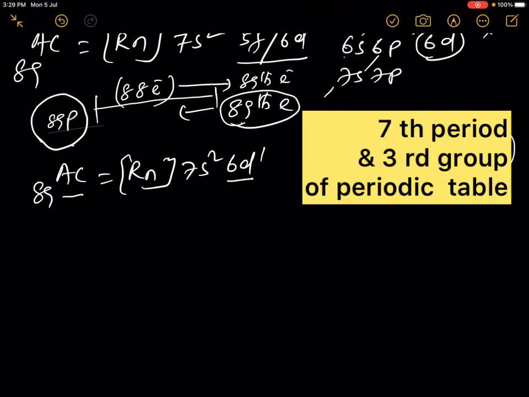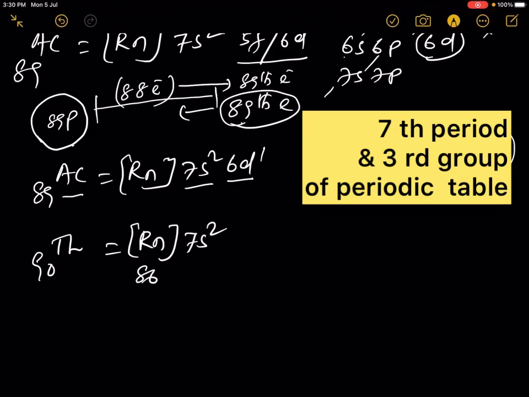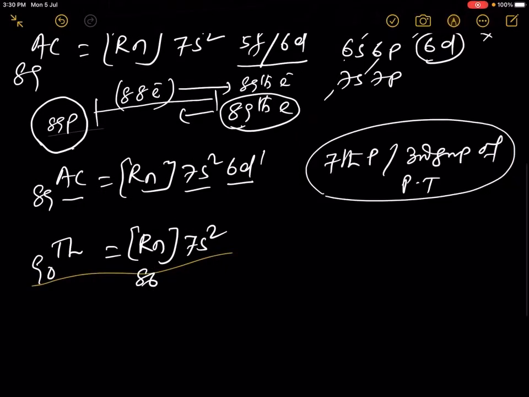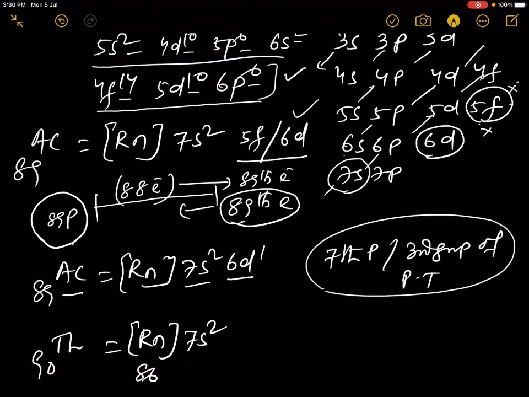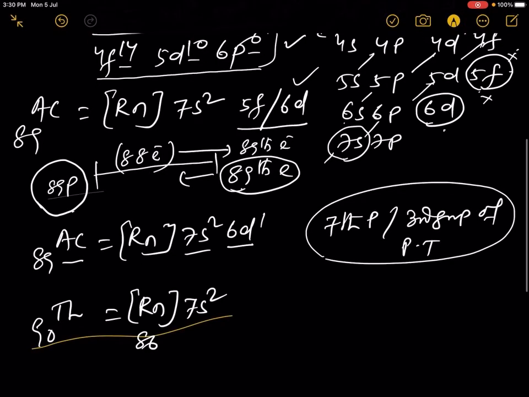Atomic number of thorium is 90. Let us write the electron configuration of thorium. You will find Rn at the core, meaning 86 electrons, then 7s2, 88, then after 7s2, 5f or 6d, but the same story will repeat over here.